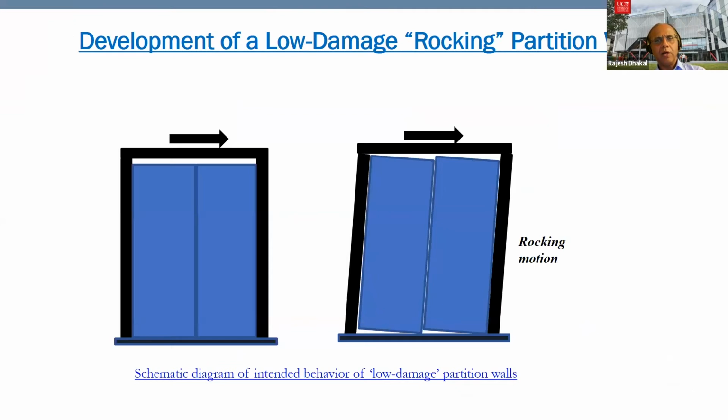And the other project that Jitendra also did was to come up with a low damage rocking partition wall, with a similar concept to the cladding panel. We tried to enable rocking motion of the partition walls, but without having wide vertical joints. In the previous version that we worked on before the BIP program, we had a large gap vertically between the structural frame and the non-structural wall, and also in between different wall panels.